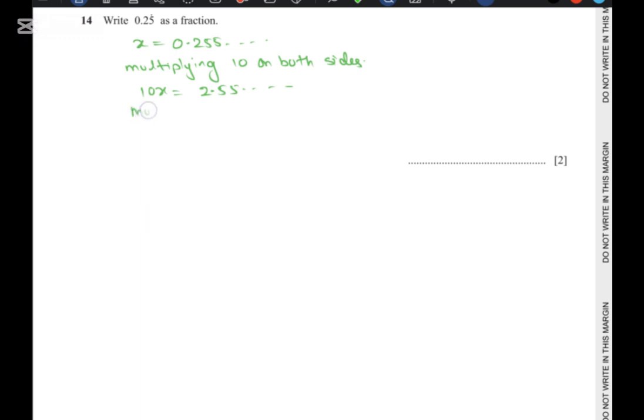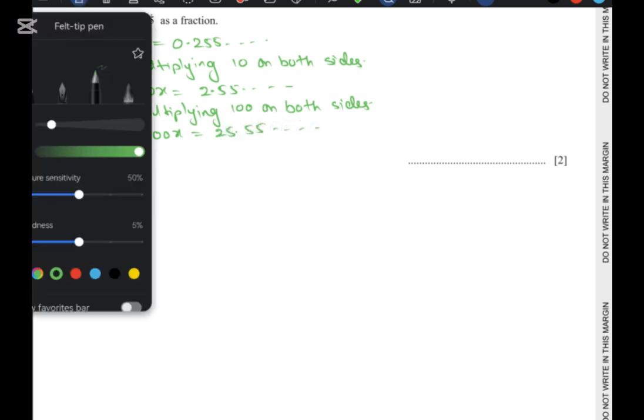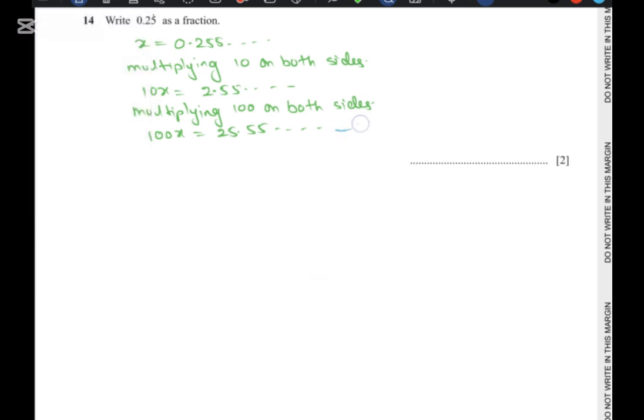Now again multiply by 100 on both sides. When you multiply by 100, you get 100x is equal to 25.55, and so on. So take this equation as 2 and this equation as 1.